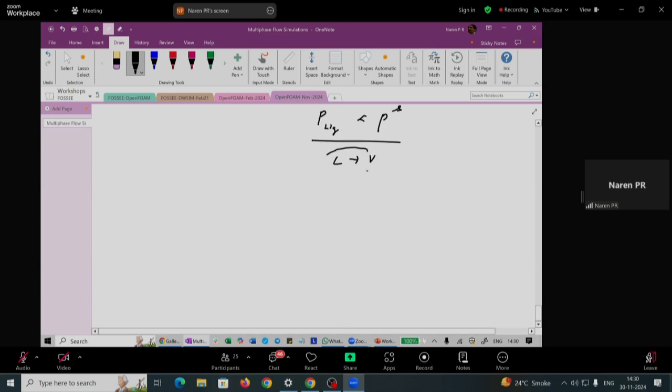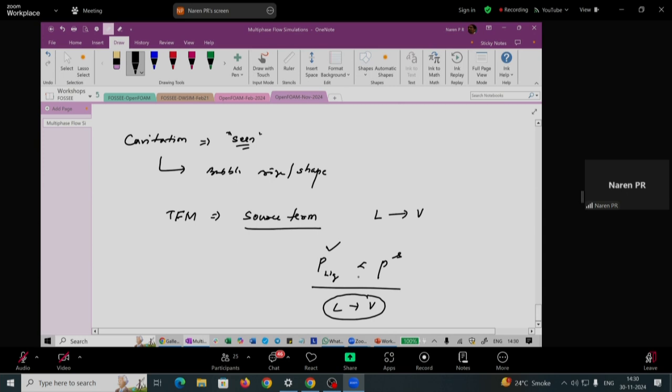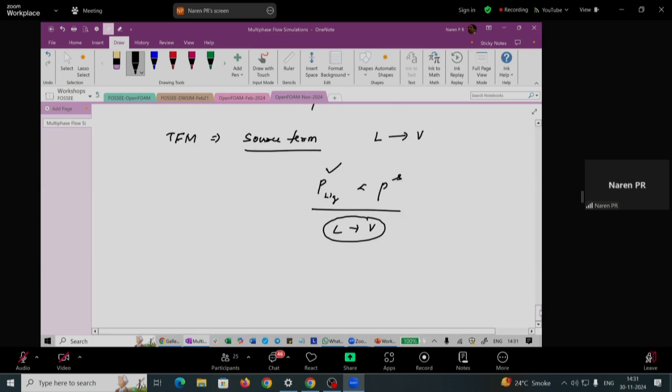This liquid to vapor transition is the result for generating that vapor. This CFD will simulate. Okay, it will simulate and it will show you that at a particular point, the pressure is less than the saturated vapor pressure. But CFD will not have this implicitly.